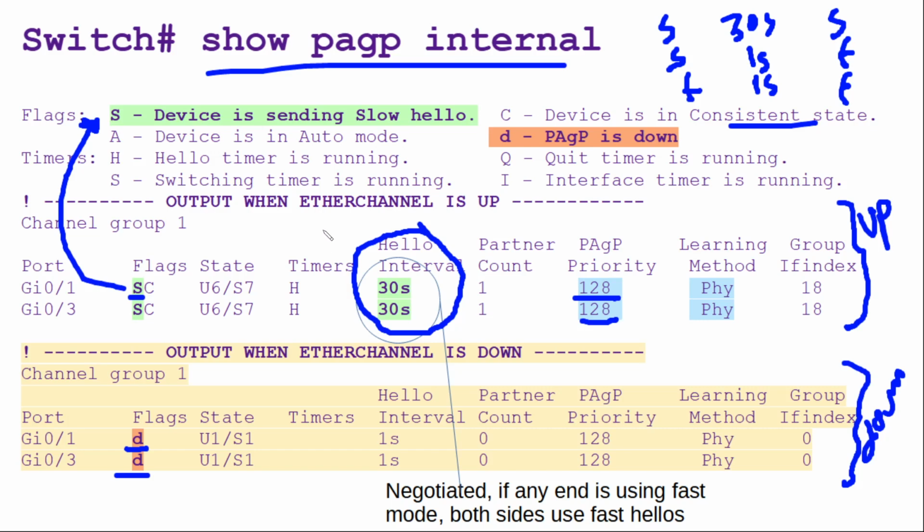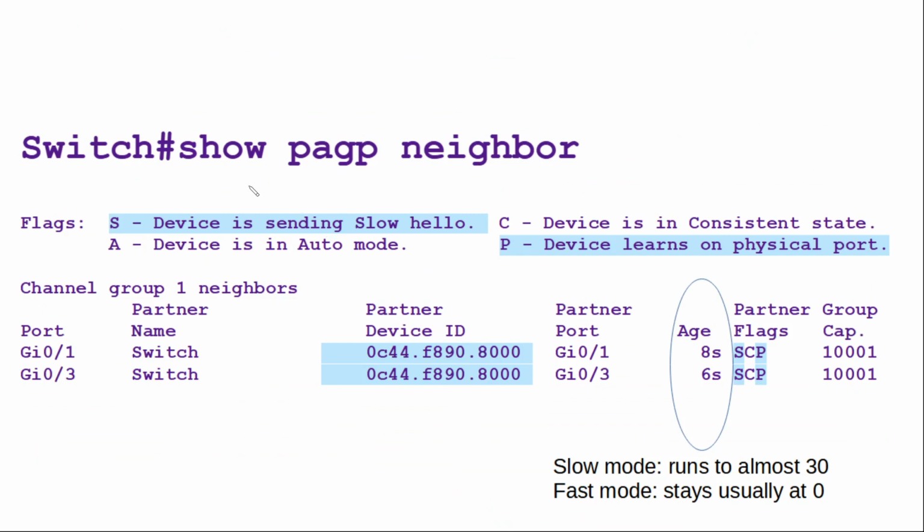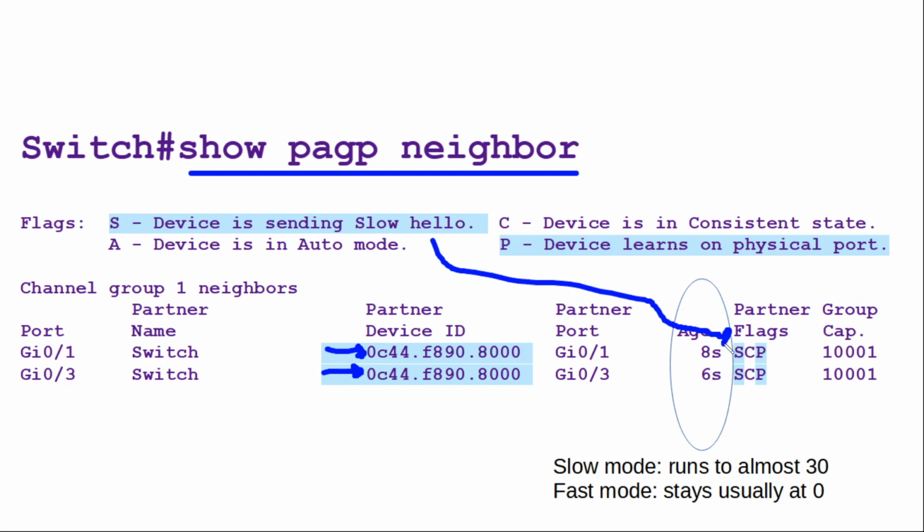That's it. Let's see, for instance, the other command, which is show PAgP neighbor. This tells you how the other side is behaving, how it is operating. In this case, the remote switch has this device ID. Remember that every device in PAgP has a device ID, which is a MAC address, and it will tell you whether it's sending slow hellos or fast hellos, depending on whether the capital S letter shows up here or not.